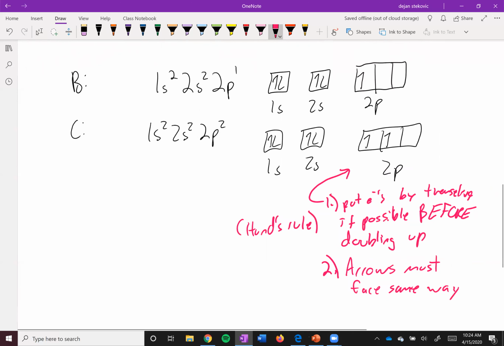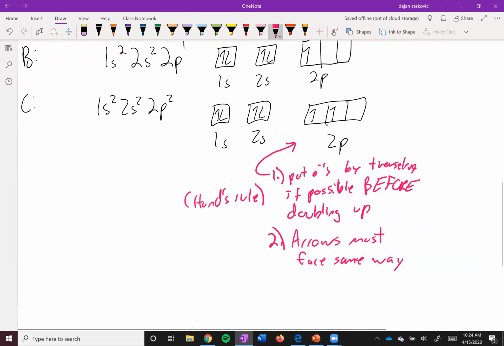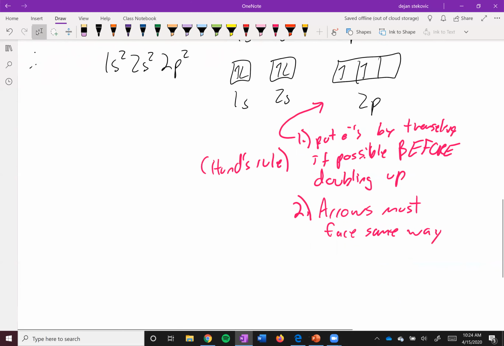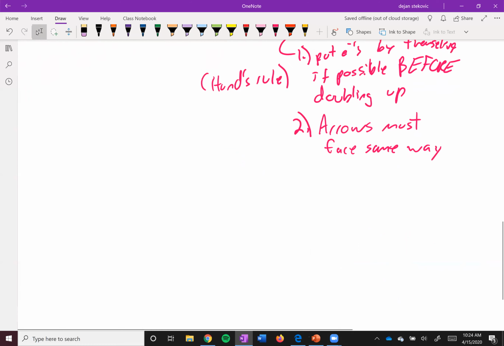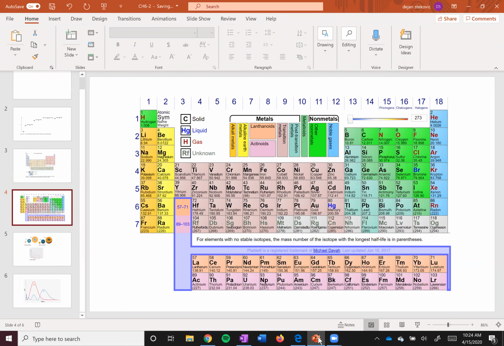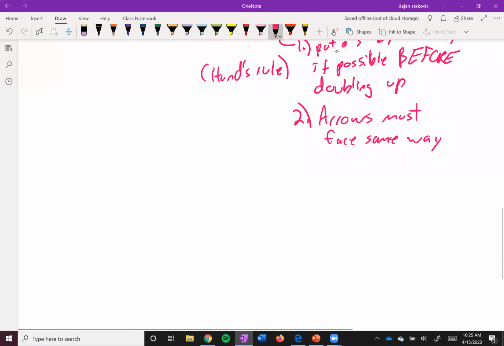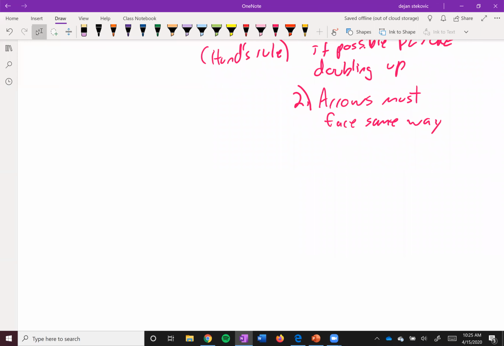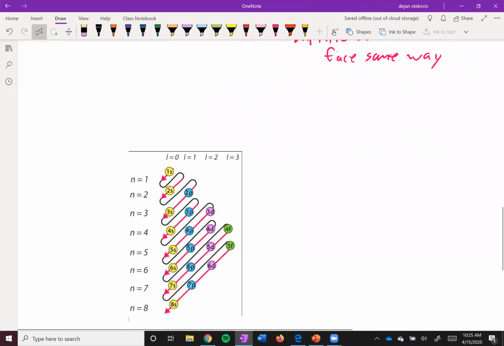Don't worry about the why. It's kind of a quantum mechanical reason for all this stuff, so it does get kind of complex. Again, we're just really kind of scratching the surface here. If you took chemistry in high school or maybe learned chemistry elsewhere, you may have seen some kind of diagram that looks like this.